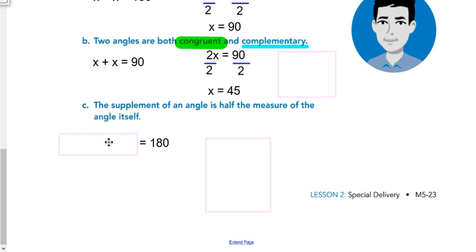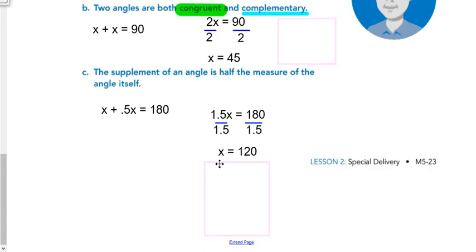So x plus half of x should equal 180. So this 0.5 times x means it's half of angle x. Same thing, you combine them, 1x plus 0.5x is equal to 1.5x. You divide by 1.5 on both sides, and you get x is equal to 120.